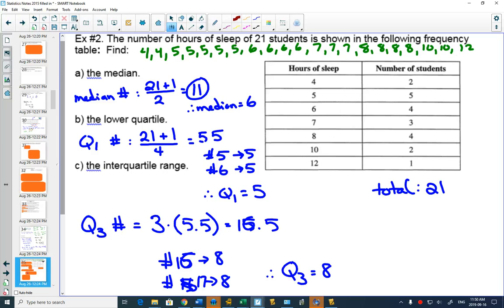But it's good to be able to visualize that this table of data means that. And if I can, it's going to make more sense to me how I got quartile 3 to be 8. Some of you are going to write down quartile 3 to be 16.5 sometimes. Whew.